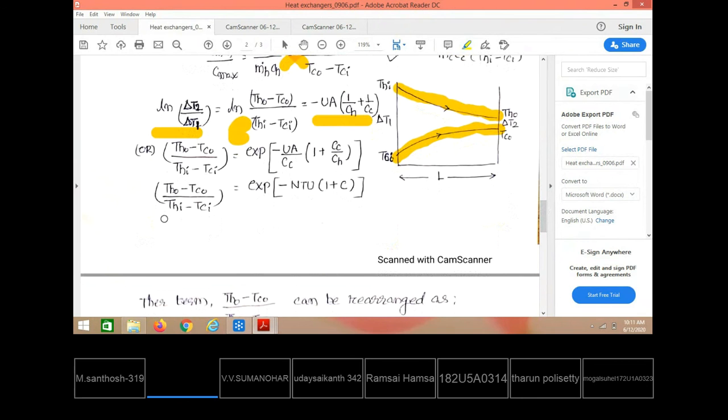So this can be written as (T_ho minus T_co) by (T_hi minus T_ci) equal to exponential of minus UA by C minimum, which is NTU, as we just saw in the definition.